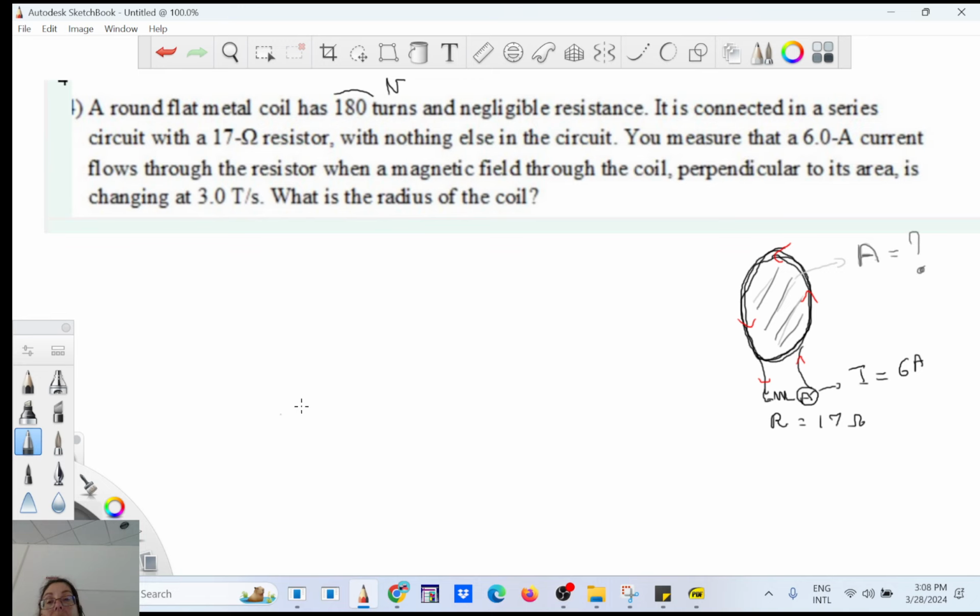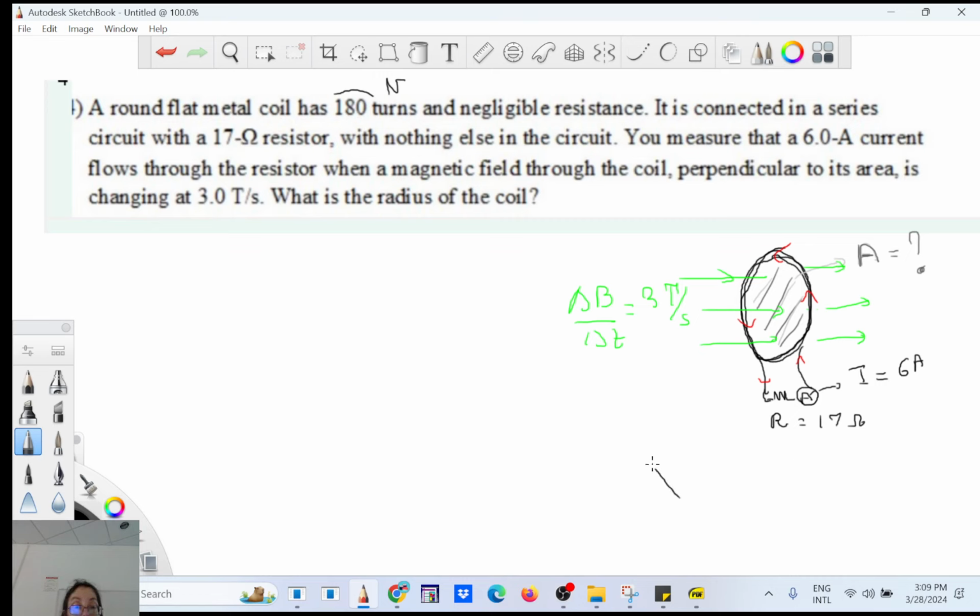We don't know the area. So the number of field lines will change with time. It's going to be 3 Tesla per second. So it means the number of field lines poking through is going to change. It's going to increase, decrease, increase, decrease. Don't stare. Do it.